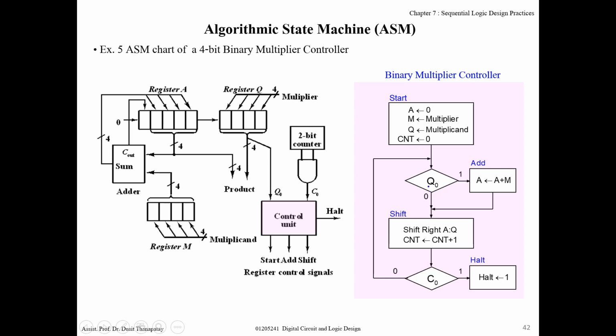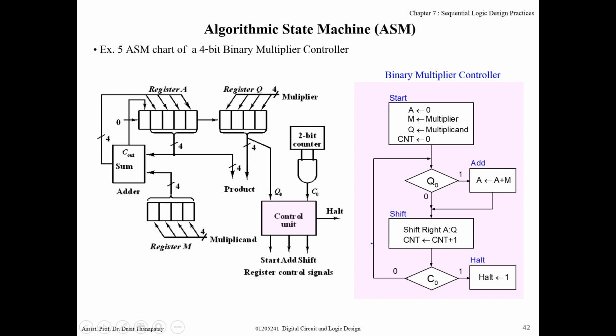And then check the value Q0, the 1 bit of the multiplier, is 0 or not. If yes, shift the value of register A and the counter. If not, add A with M, update the value, and then check whether the counter C0 is 1 or not. If yes, halt, stop the process. If no, then it repeats, right?